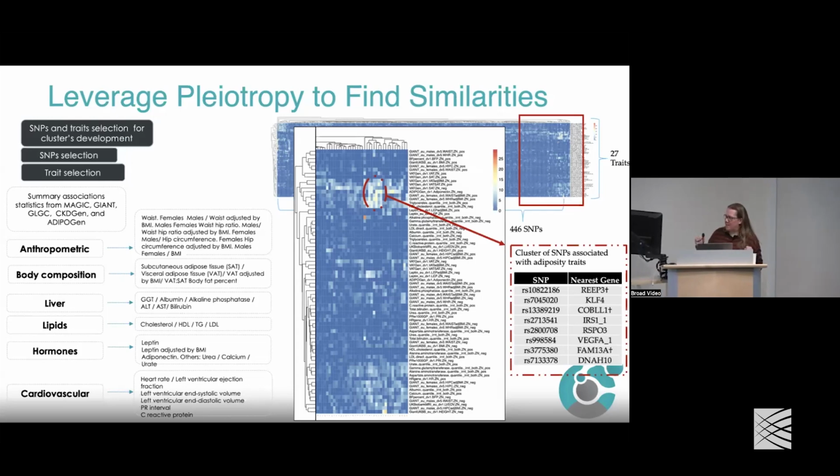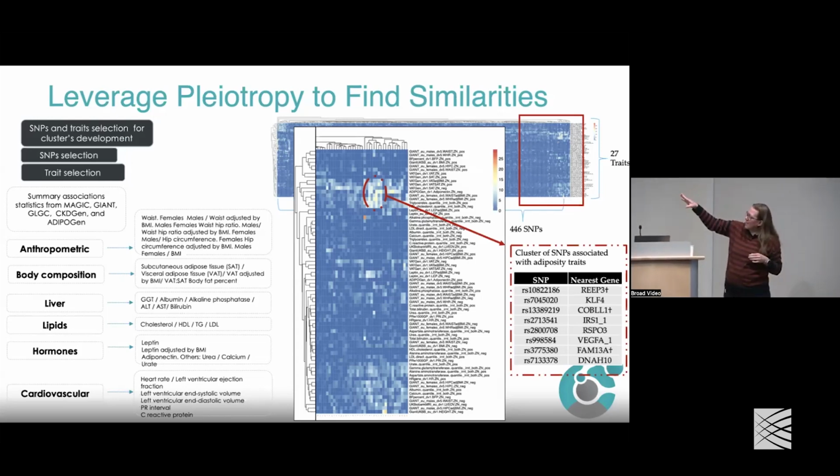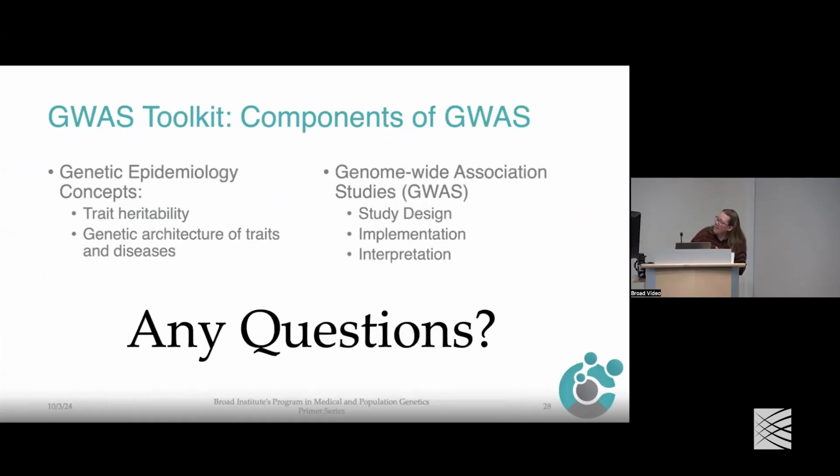Here, our hypothesis is that there may be a common mechanism. So another set of variants we found having some pattern of associations across many different traits. We found that very interesting. And so we're using this as a starting point for a more in-depth analysis.